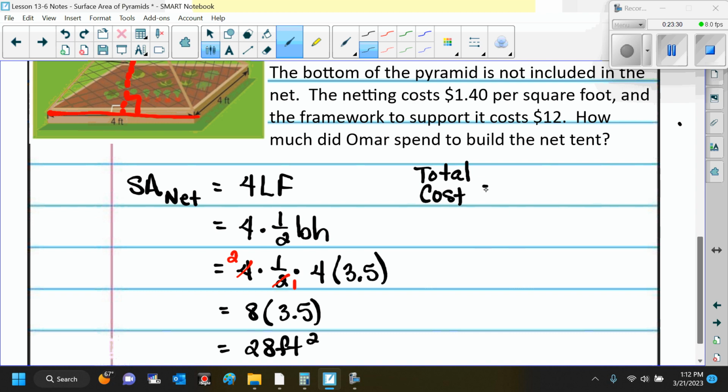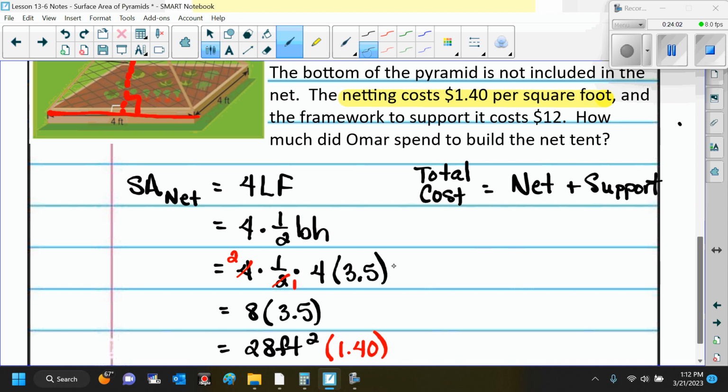Okay? Now, we want to find the total cost. So that's going to be the cost of the net plus the cost of the support. Okay, so first, what do I have to do with this 28 feet? Well, it says that the netting costs $1.40 per square foot. So that means down here, we need to multiply this times $1.40.